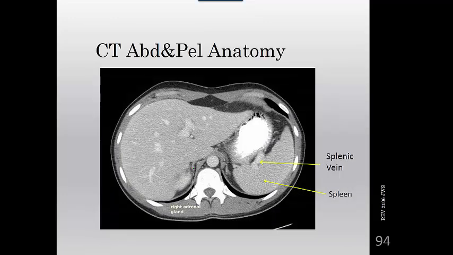So here's another image. We're going to begin here with the anatomy that we've covered so far. We're going to look at it on axial slices. So we have the spleen located here, of course, and the splenic vein is here, and it's a vein because it's not bright white, highlighted, enhanced as an artery would be.